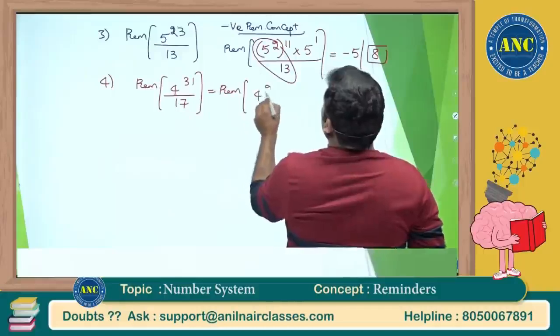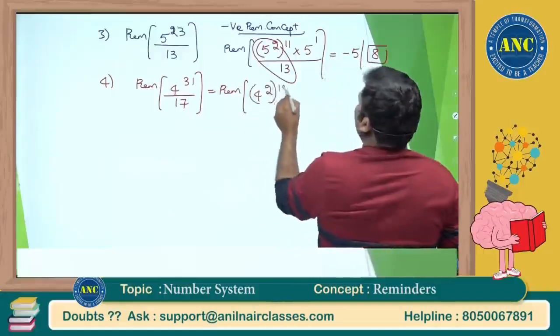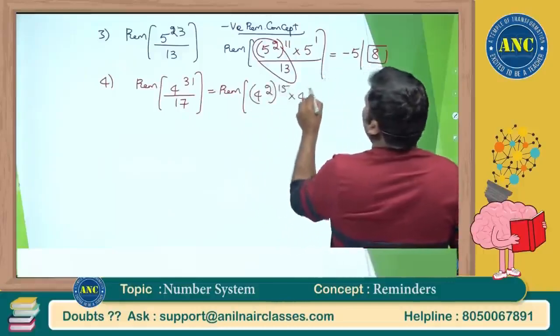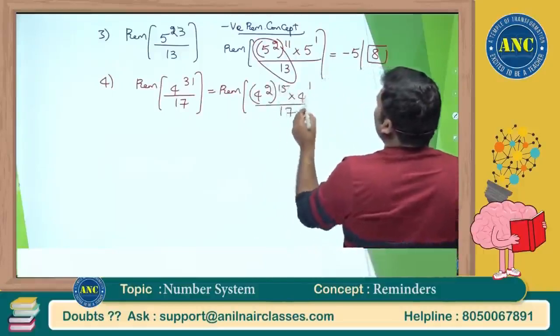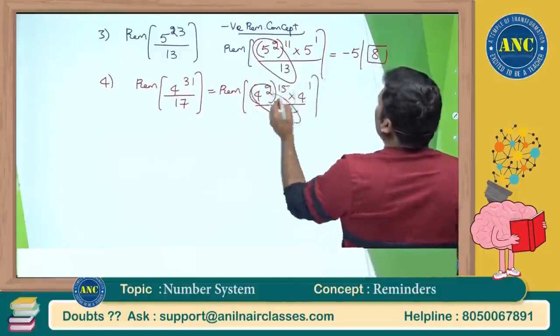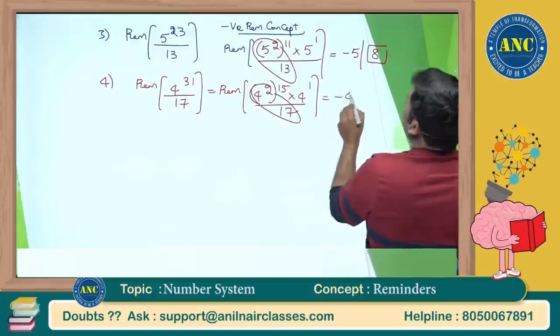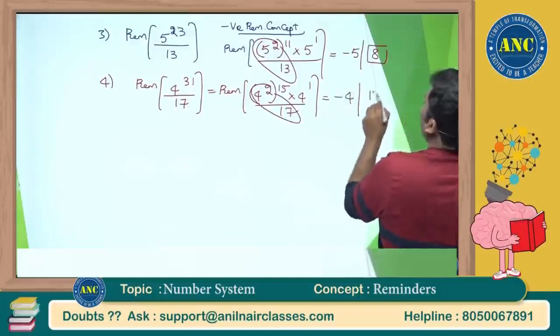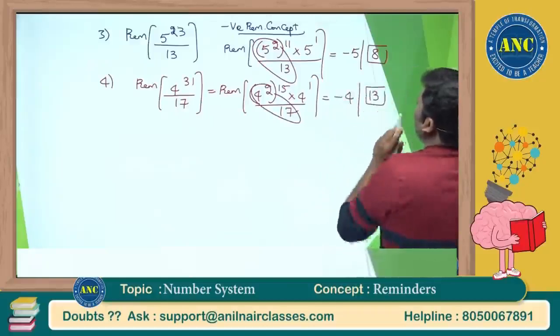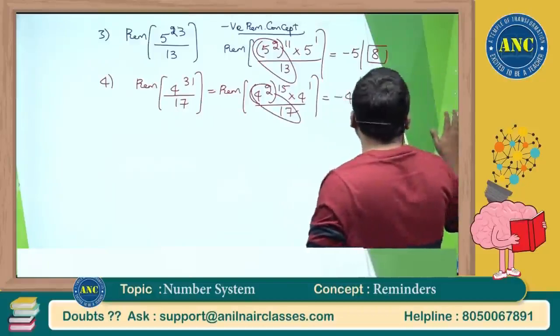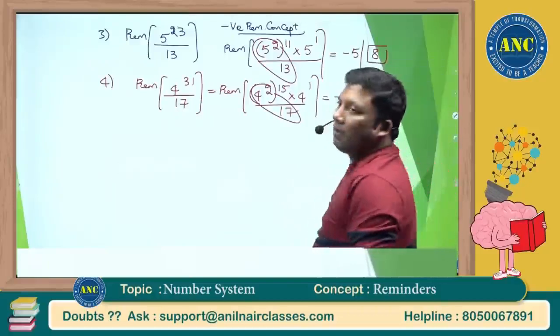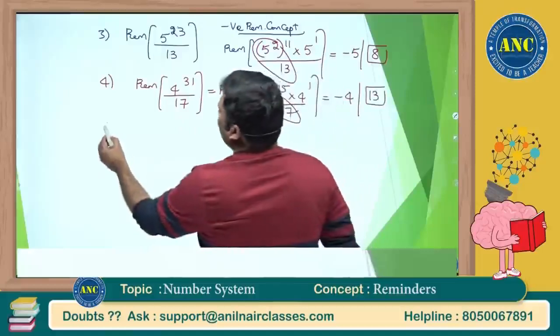This is 4 square power 15 into 4 power 1 divided by 17. 16 by 17 gives minus 1. Minus 1 into 4 is minus 4. Positive remainder is nothing but 13.